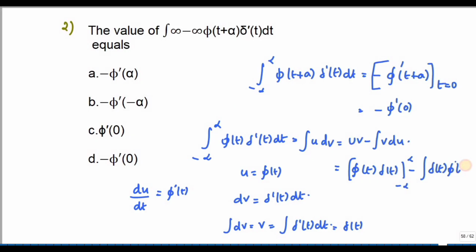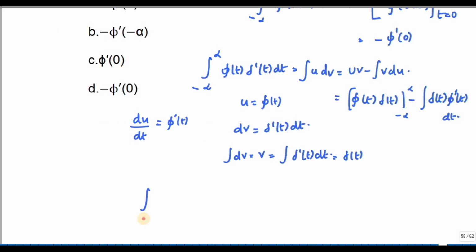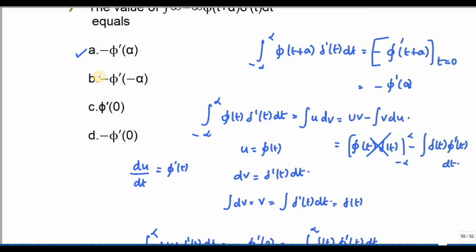So we have to substitute the values. If I substitute the value, this answer is equal to, I have to substitute 0, right? So minus of theta dash of 0 I will get. That is what they are substituting in our equation in order to get the minus theta dash of a.